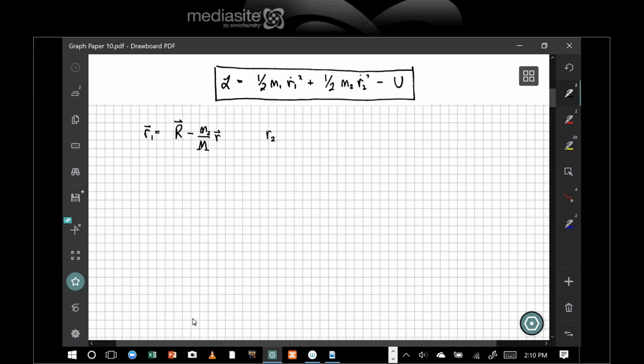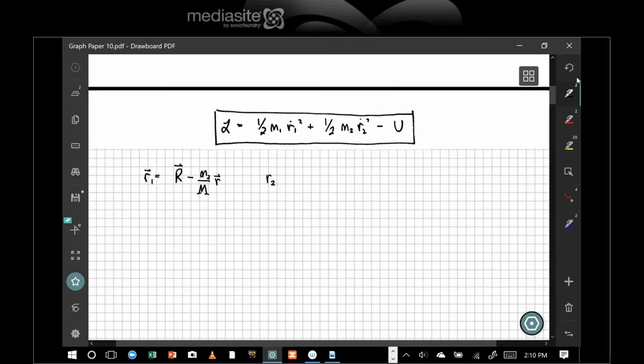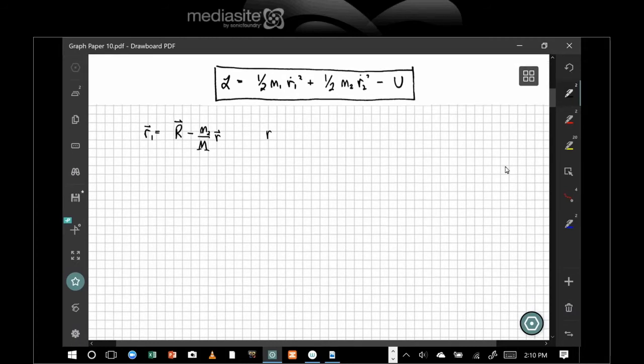And then remember, what I'm going to do in the end is calculate r1 dot. So r1 dot is going to be equal to R dot minus m2 over M times r dot.